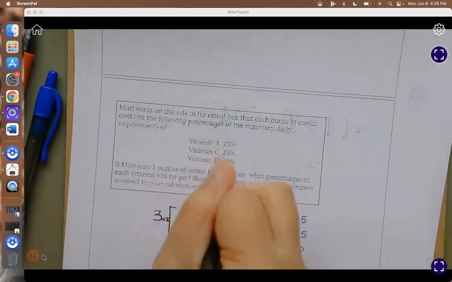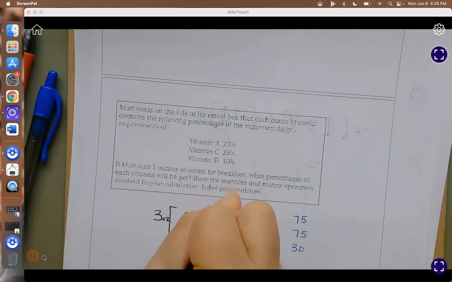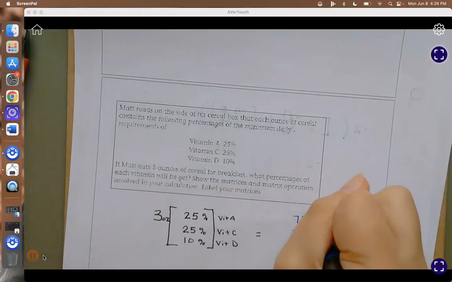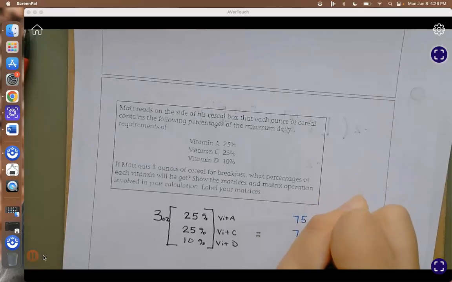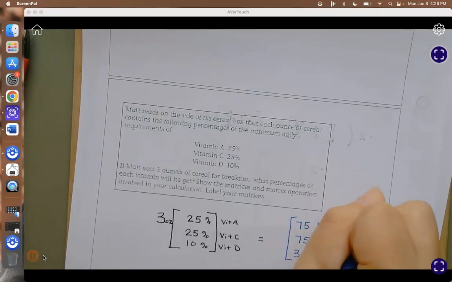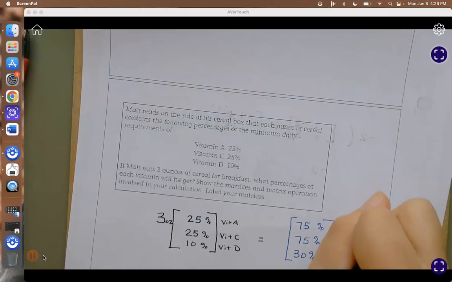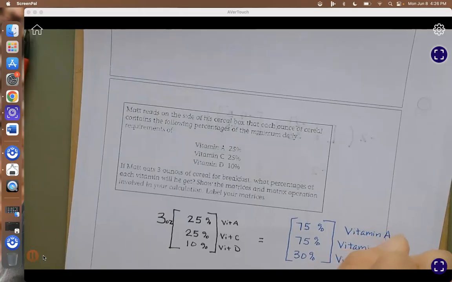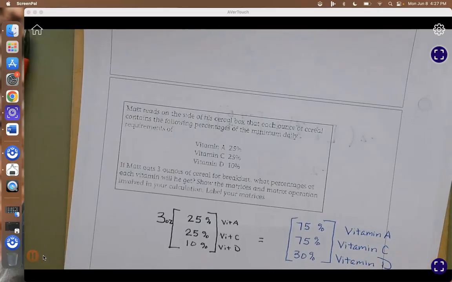Now, remember these are percentages. So if we leave this in matrix form, that's vitamin A, vitamin C, vitamin D. Okay, and there you go.